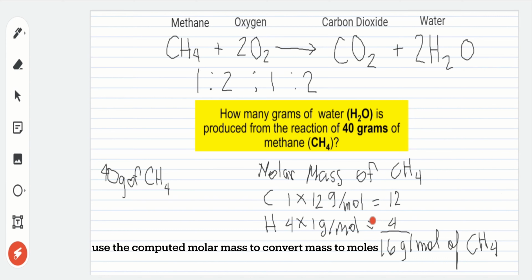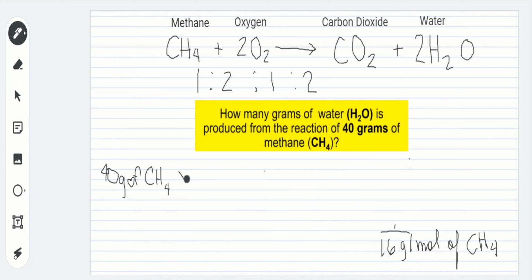So, gagamitin natin ito para ma-convert natin itong 40 grams of methane into moles. Isulat natin, para ma-cancel natin yung gram, for every 1 mole of methane, meron tayong molar mass na 16 grams.